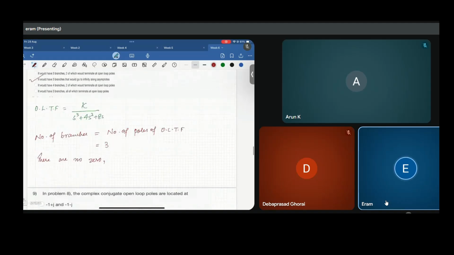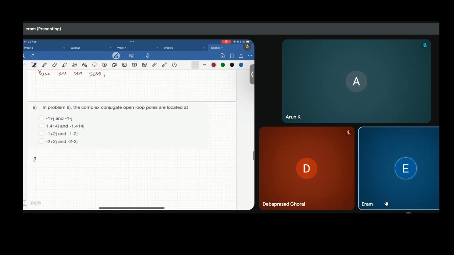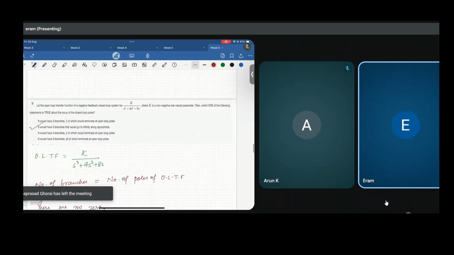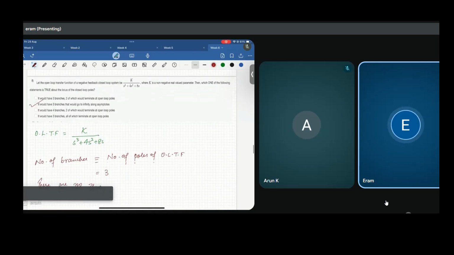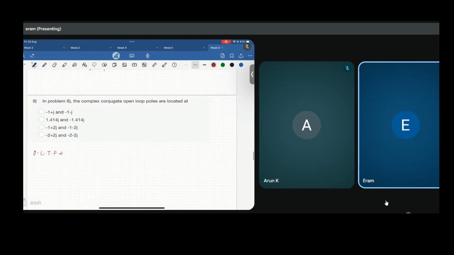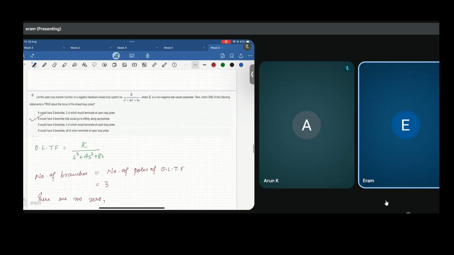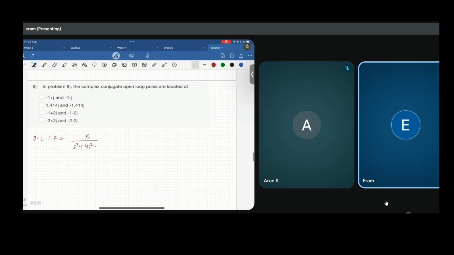For this problem, with the open loop transfer function given as k by s cube plus 4s square plus 8s, we need to find out the complex conjugate open loop poles.